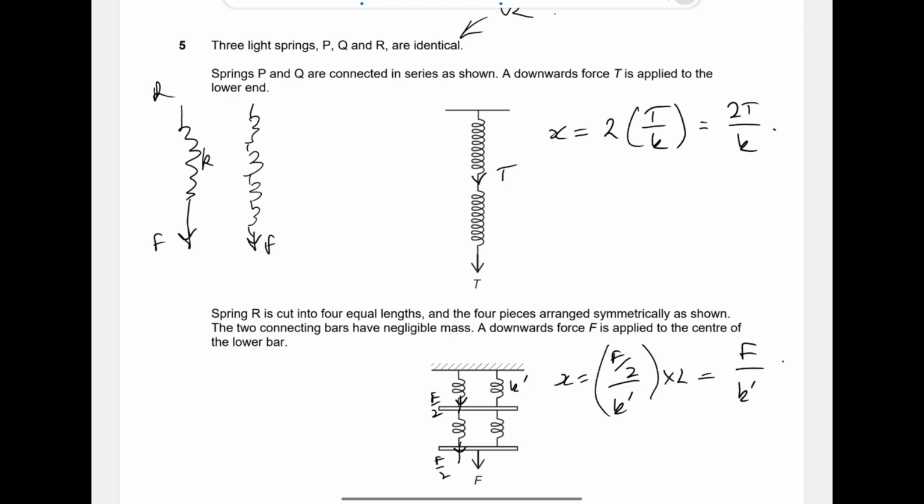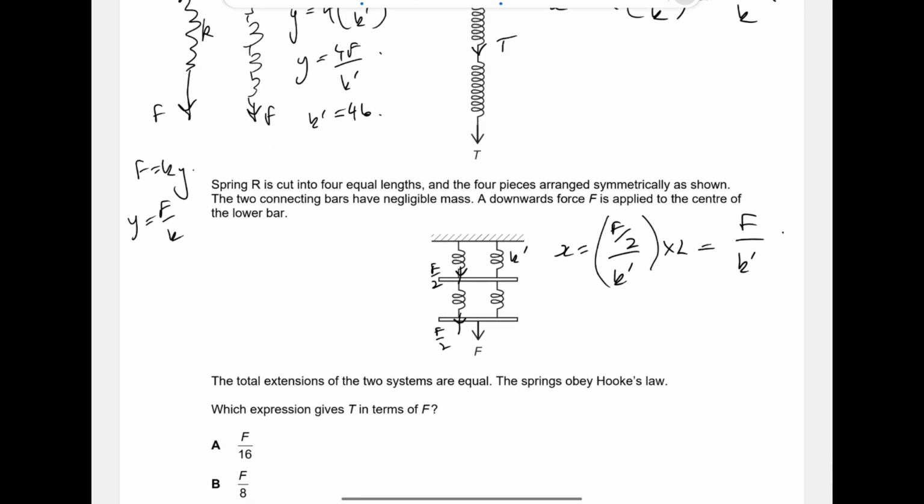So we know F equals Ky over here, because of Hooke's law, which means y equals F over K. But over here, the extension y is going to be 4 times the extension of each of these individual smaller parts, and each of these smaller parts is going to extend by F over K prime. So that means y is going to be 4F over K prime. So what that means is that K prime has to equal 4K. So therefore, x has to equal F over 4K.